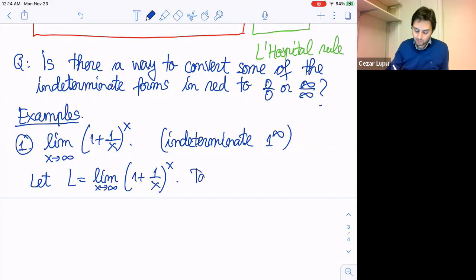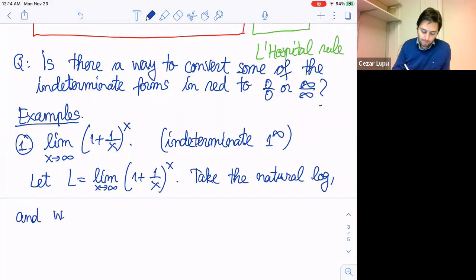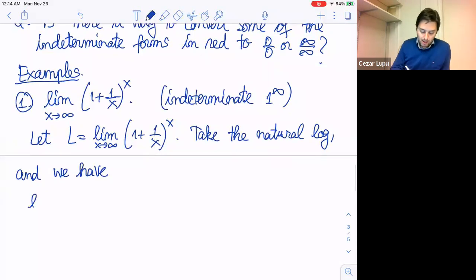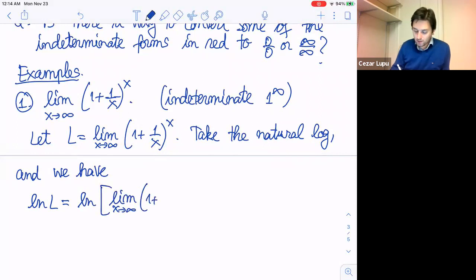So ln of L is nothing else than the ln of the limit as x approaches infinity of 1 plus 1 over x, everything to the power x.